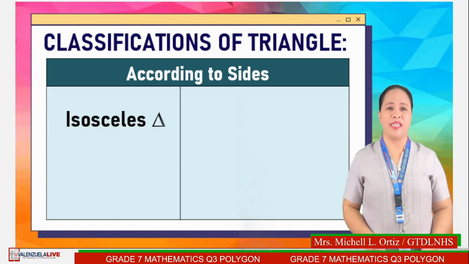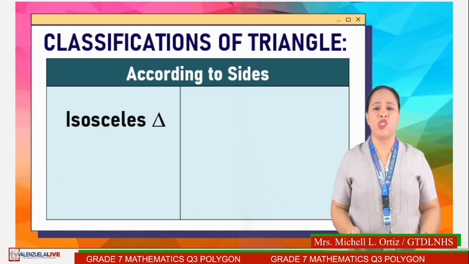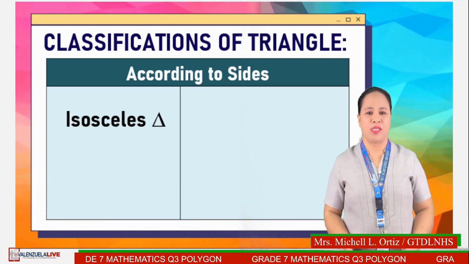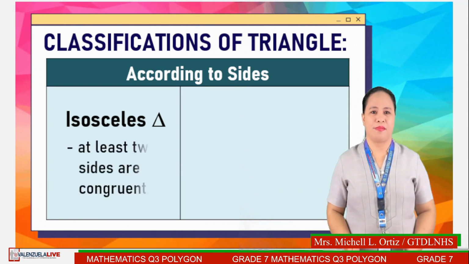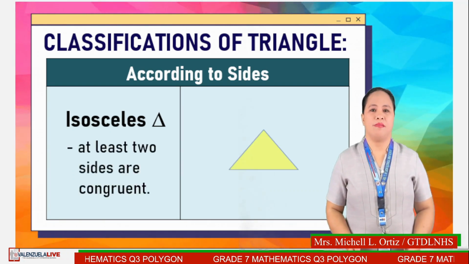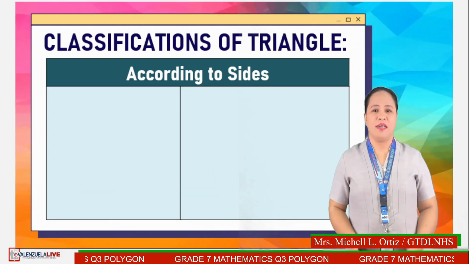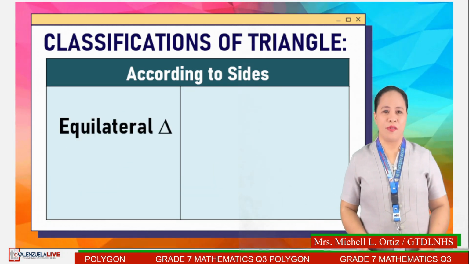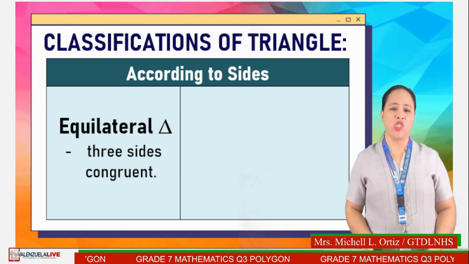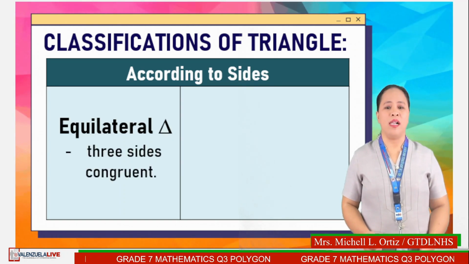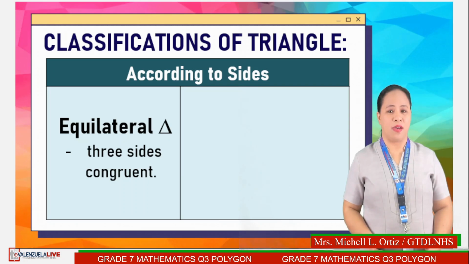Second, the isosceles triangle, which has at least 2 sides congruent. Lastly, the equilateral triangle, a special type of isosceles triangle with 3 sides congruent.